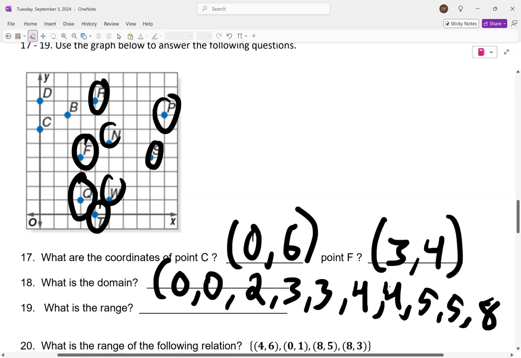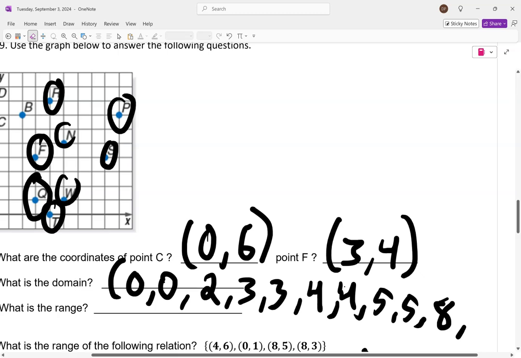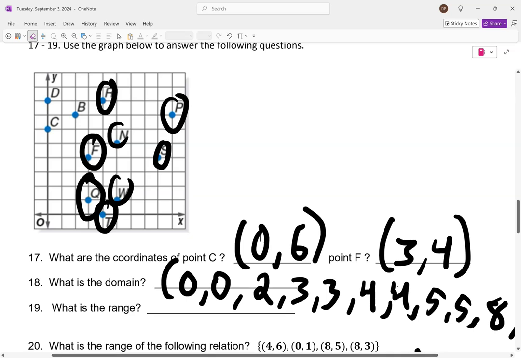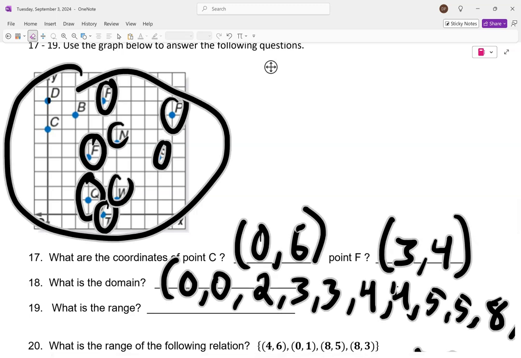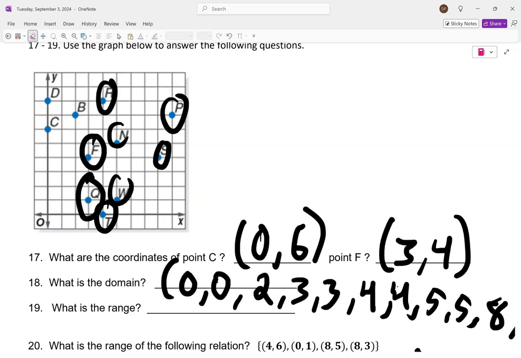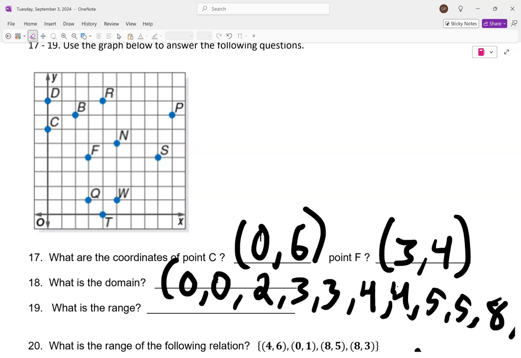That's a long answer, huh? Boo, long answer. Okay. How many people got that correct? I would think the domain of the whole graph. Yeah. Oops. Okay. All right, range.